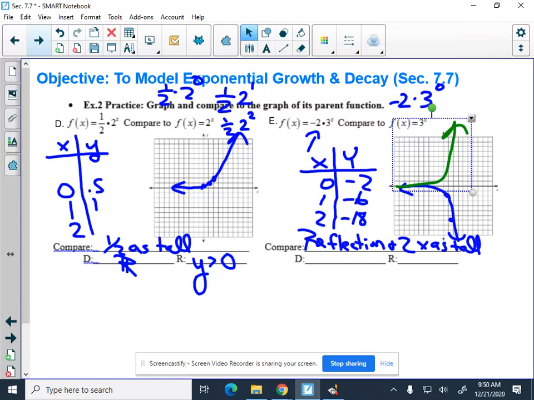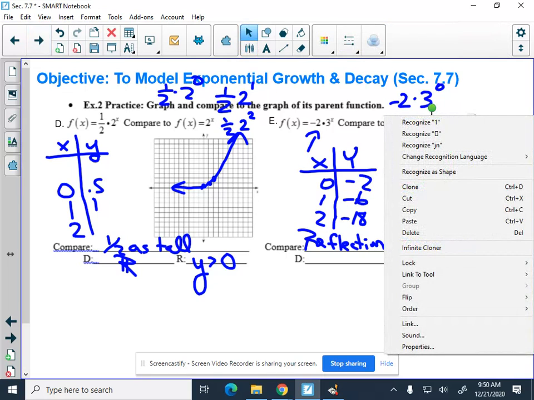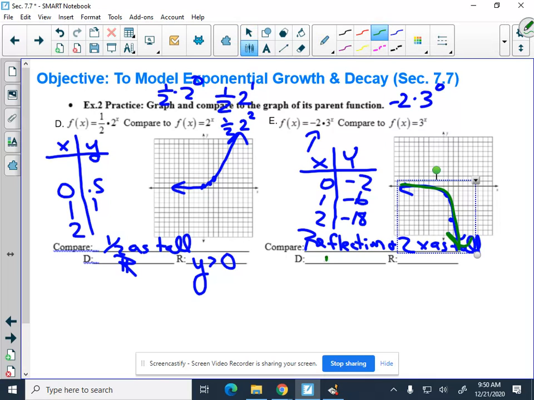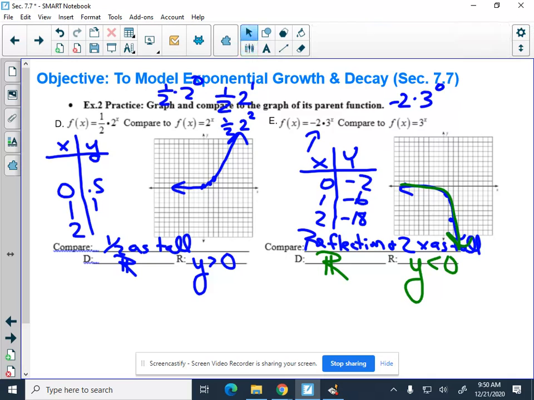If I take this one that I've got here and I say we flip up, down, that's what a reflection is. So the reflection goes here instead. That's the idea of a reflection. Domain is still all reals. And the range now is y is less than 0. Good. Okay.